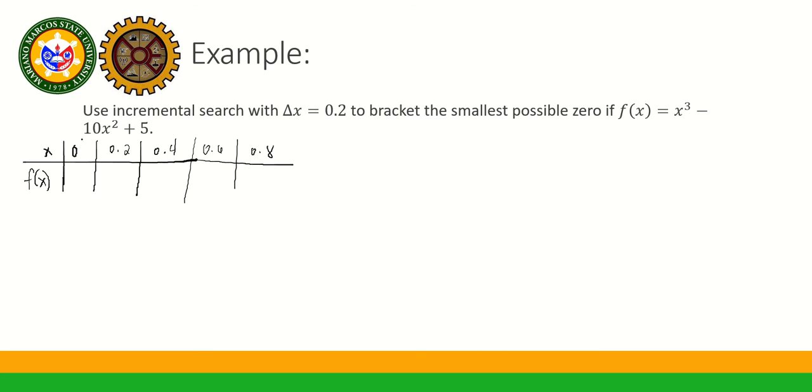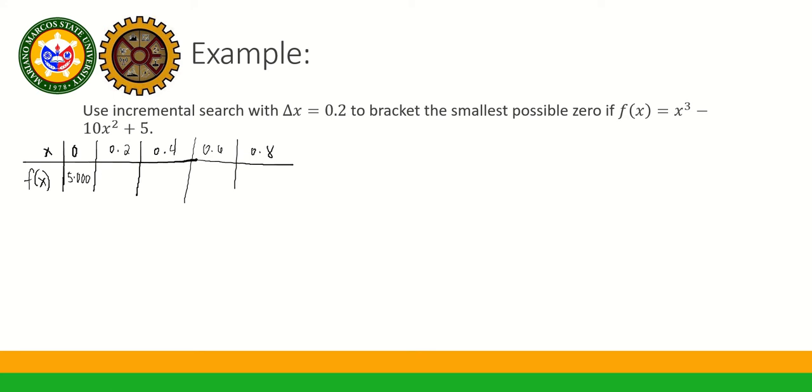So, at x is equal to 0, what is f of x? So, if you're going to plug 0 sa equation natin, sa function natin, f of x will be equal to 5. Okay, 5.000. So, round off natin to 3 decimal places.